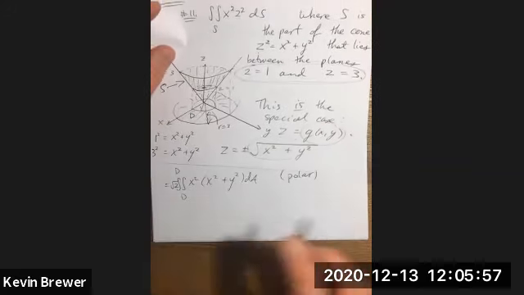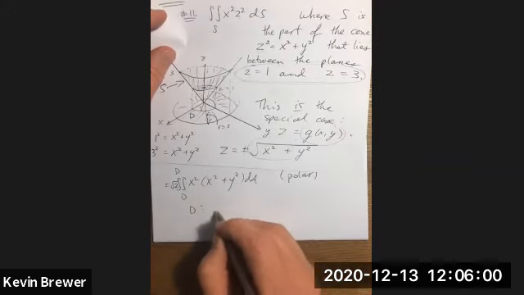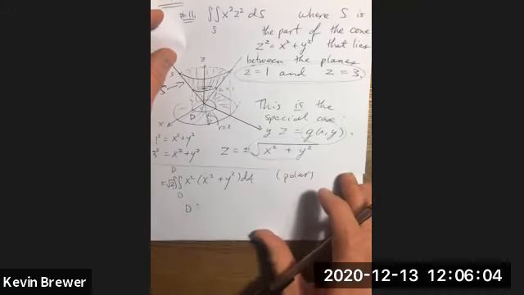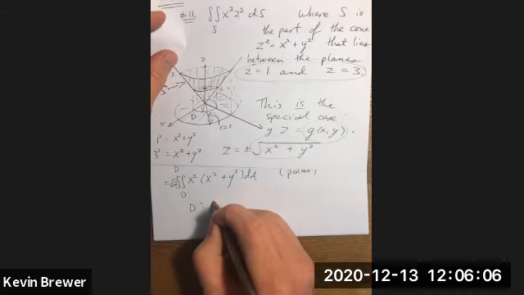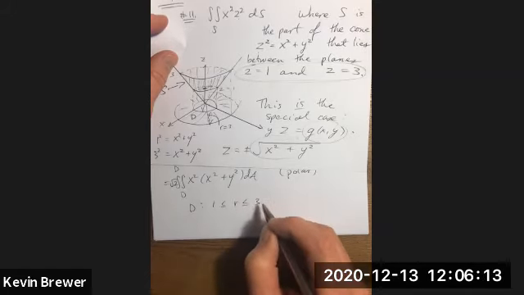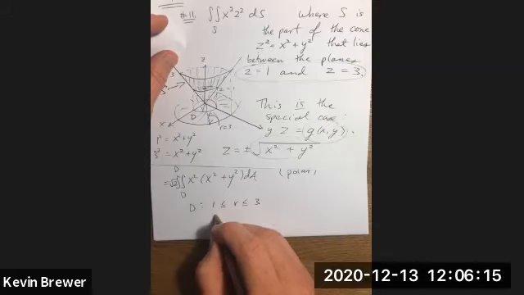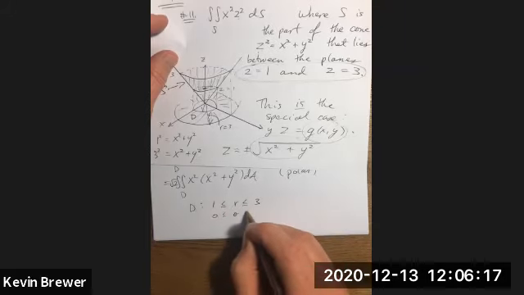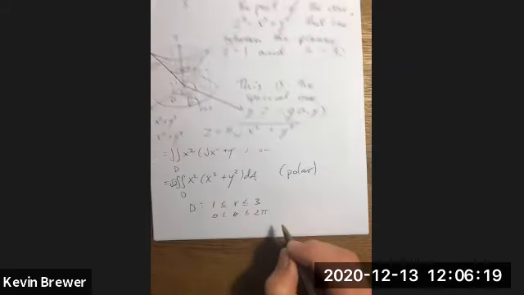So we can describe D as being a function of r and theta. So 1 less than or equal to r, less than or equal to 3, theta going 0 to 2 pi.